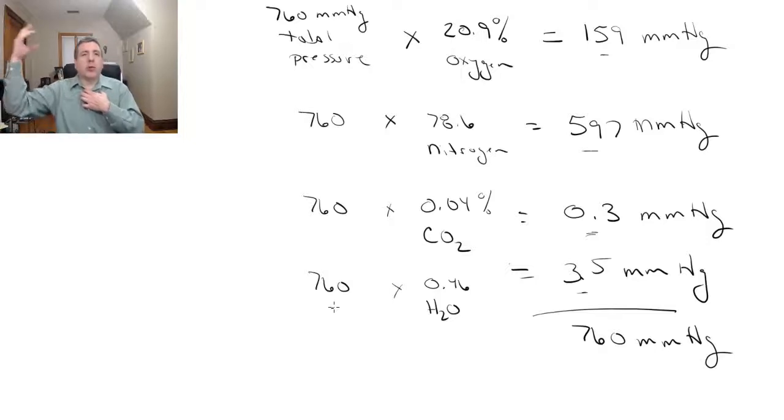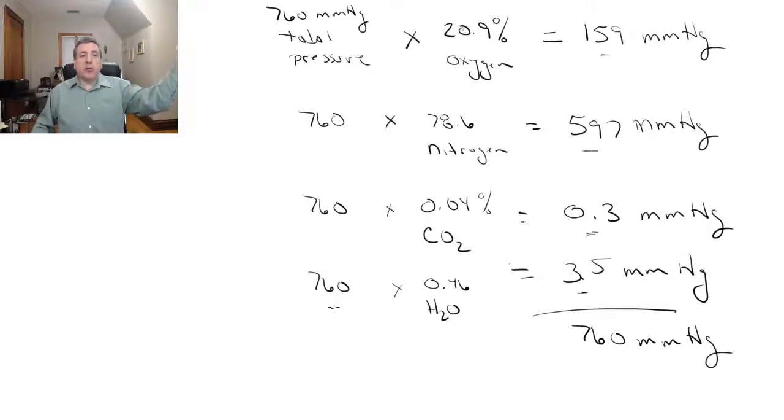For 21% oxygen in the air, that's a partial pressure of 159. Again, put an asterisk on that because we're going to change it up in the next video. So let's say it's 159. In your blood that's getting rid of the carbon dioxide, the partial pressure of oxygen will be less than 159.